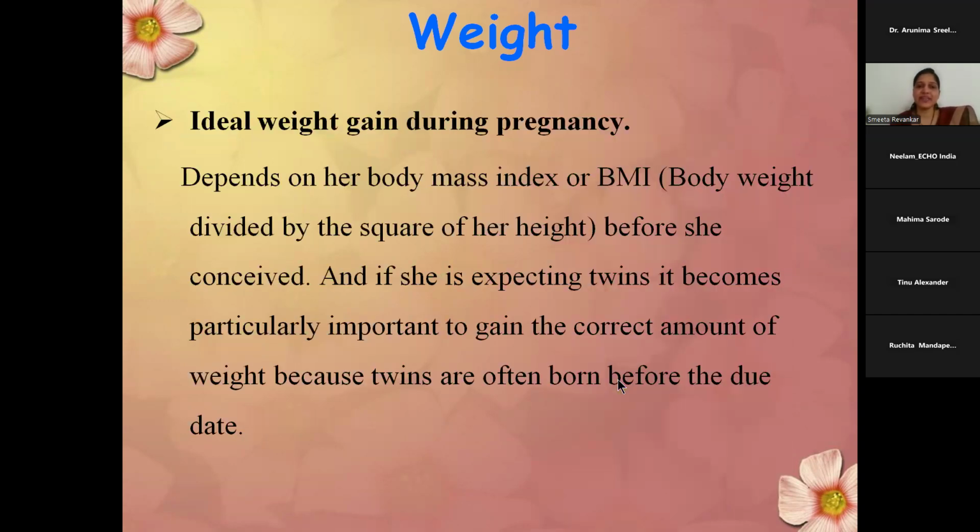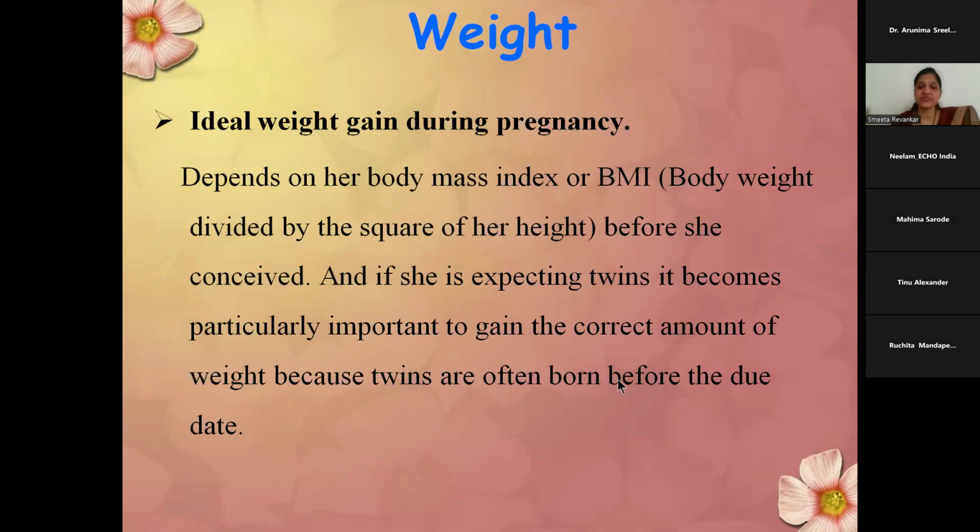The ideal weight gain during pregnancy depends upon the body mass index, that is the BMI, before she conceived. If she's expecting twins, it becomes particularly important to gain the correct amount of weight, because twins are prone to preterm delivery.